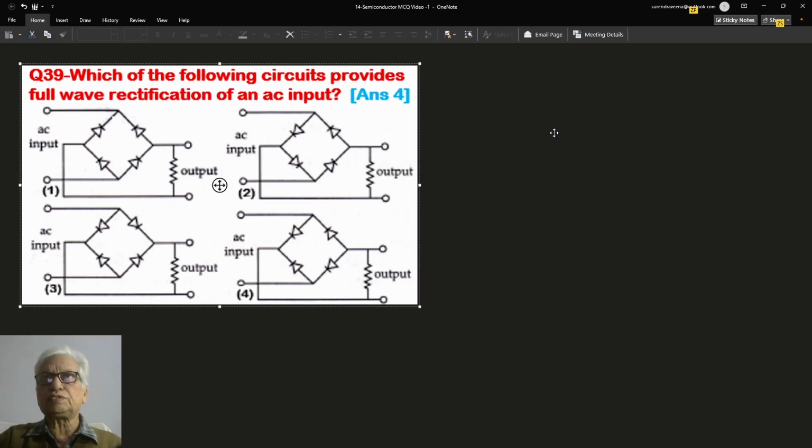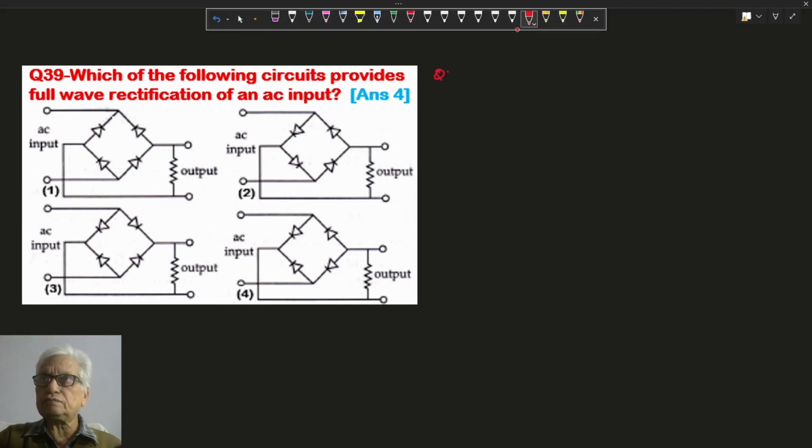Hello. In this question, we are getting DC output from AC input. For the positive half cycle, positive comes here like this. This is the path, and the negative cycle comes here, so output.